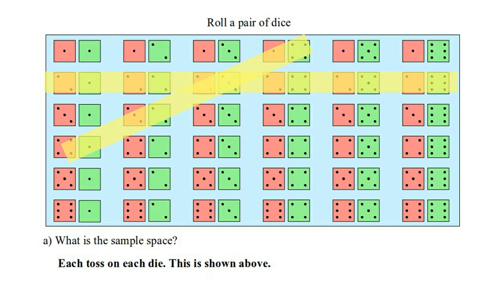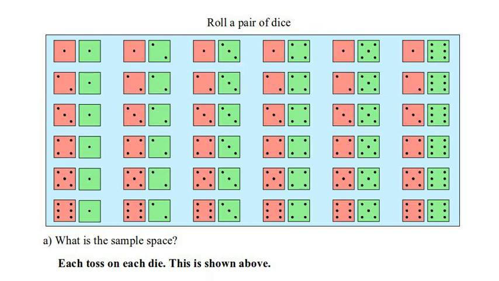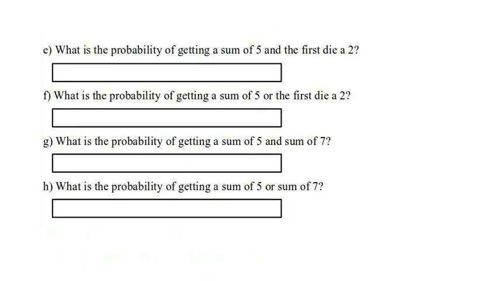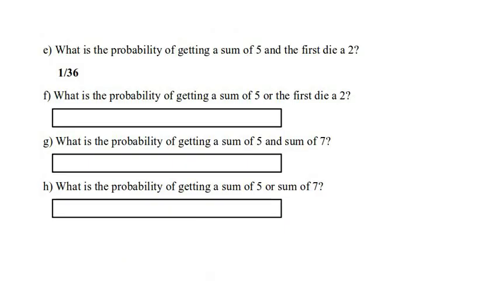So this can happen. It only happens one way. We're interested in where both of these things happen, and both of these things happen simultaneously at 2, 3. So we notice that there's one way out of 36 for us to get a sum of 5 with the first die showing a 2.